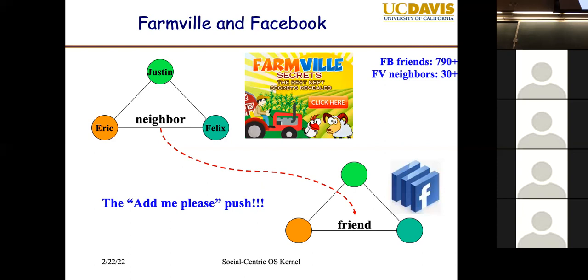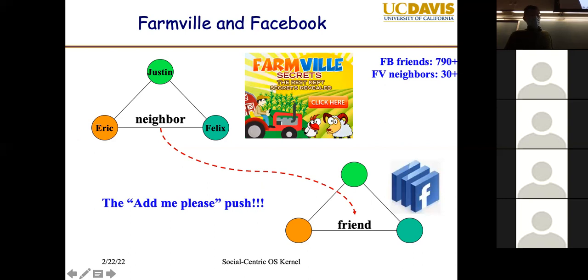And this game has another feature: if you want to become a neighbor with another person, you have to be their Facebook friend. So essentially, you have two networks.